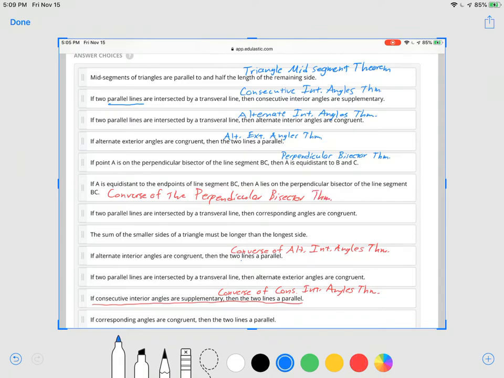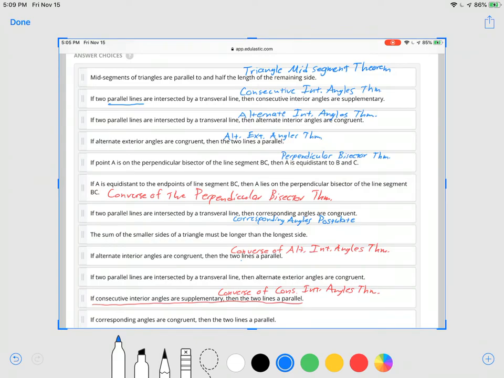Okay, next, if two parallel lines are intersected by a transversal line, then corresponding angles are congruent. This is the corresponding angles postulate. So remember the difference between a postulate and a theorem.